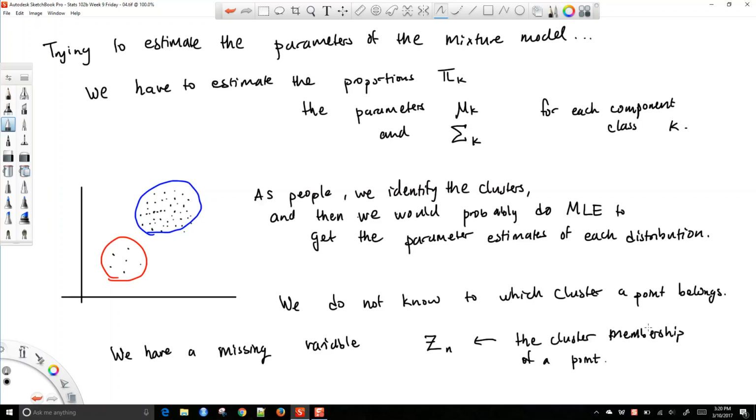And so we're going to have an iterative process, which is, we're going to try to estimate the cluster membership, and then once we have the cluster membership, based on those cluster memberships, we would do maximum likelihood estimation, right?